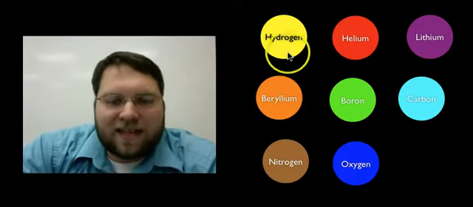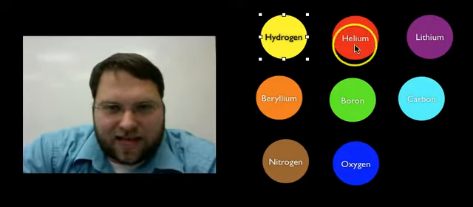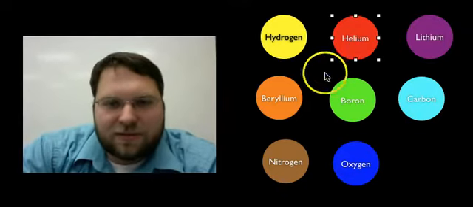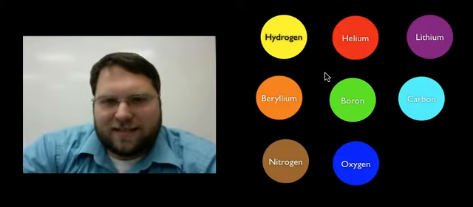Now the element part of that can actually refer to the atom itself. So this would be like a hydrogen atom, a helium atom, so on and so forth. You can also say element and mean a big chunk of all of one type of element, or atom, excuse me. So you may have noticed at the front of my classroom I've got this big nasty looking black thing sitting in a beaker.